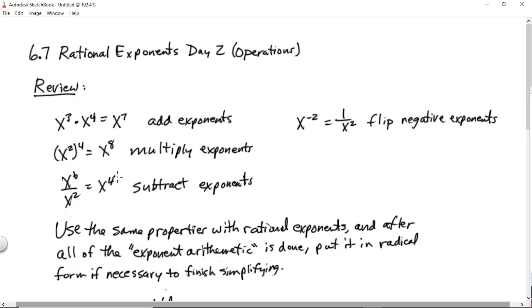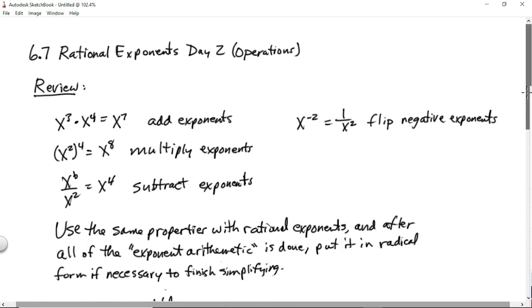Subtract 6 minus 2 is 4. And then last but not least, we have a negative exponent. In the case of negative exponents, you flip the base and the exponent to the denominator, and it becomes positive. In this case, it was negative 2. We put it in the exponent, it becomes positive 2.